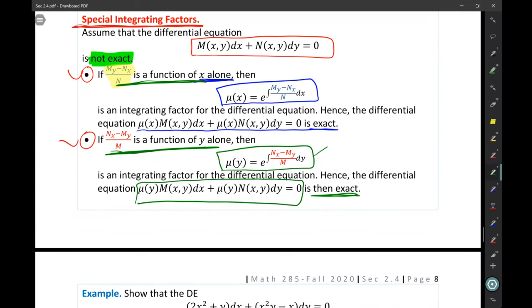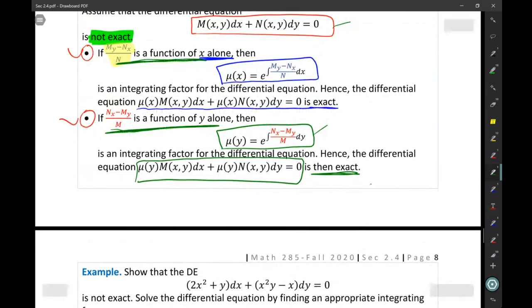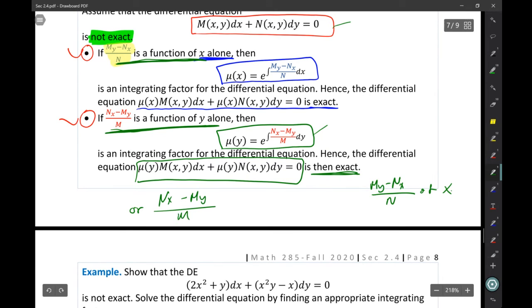So the procedure is very simple. If it is not exact, you have to try either M sub y minus N sub x divided by N, which should be a function of the variable x, and or N sub x minus M sub y divided by M, which should be a function of y.